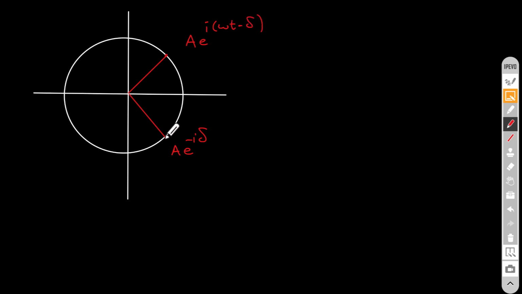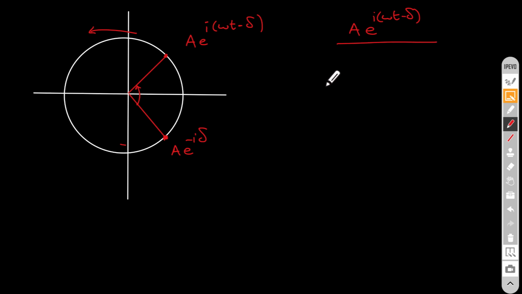At t equals 0, my point would start from here, and then it would move counterclockwise, in this direction, and as time goes by, the point would simply keep moving counterclockwise on the circle. That motion of the point on the circle would be the a e to the i omega t minus delta.